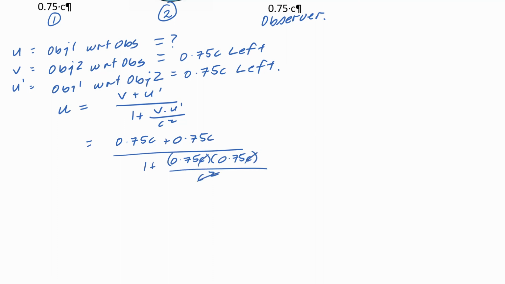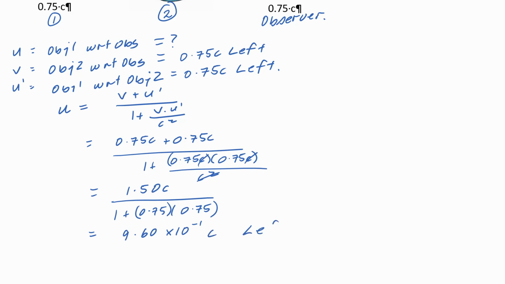Again, we can cancel those c values out. So I've got 1.5 c over 1 plus 0.75 times 0.75. And that will again give me 9.60 times 10 to the minus 1 c left. So there we have used the two equations.